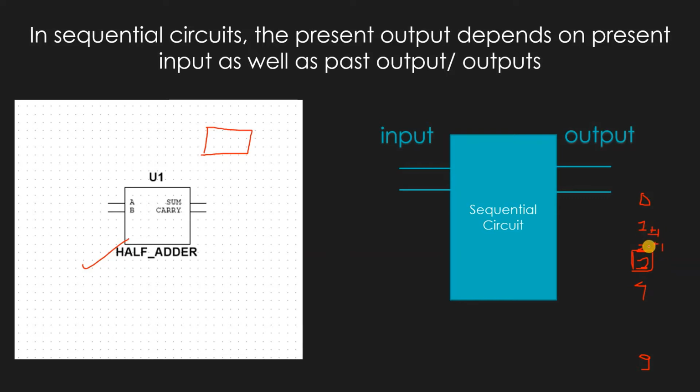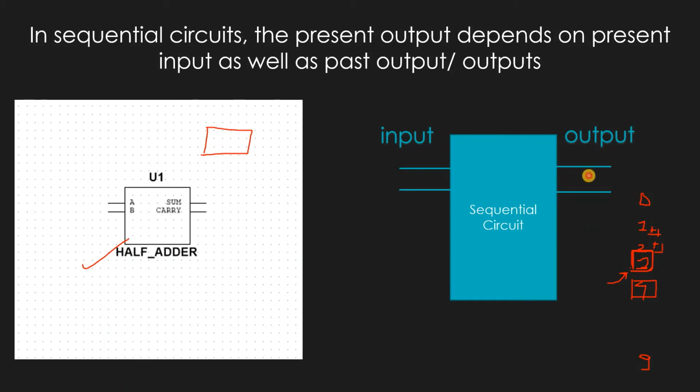So to 1 we'll add 1, then we'll get 2. To 2 we'll add 1, then we'll get 3, and so on. So we are basically going to add 1 to everything. Suppose we want to get the output as 4. To get the output as 4, you need to add 1 to something, right? And this something is 3. So 3 was the past output, and to get the present output, we need the value of the past output. That's why we need a memory to store it.